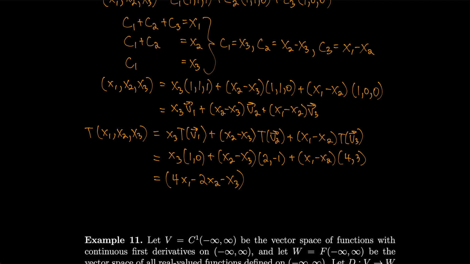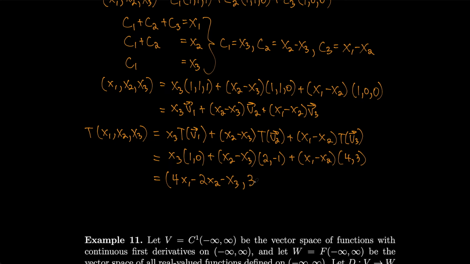Because I'm going to end up with x3 times 1, and I'll end up with 2x2 minus 2x3, so that's where my minus x3 comes in, but then 4x1 minus 4x2, so the minus 4x2 and the positive 2x2 cancel, give me minus 2x2. And, oops, that was just for the first component.